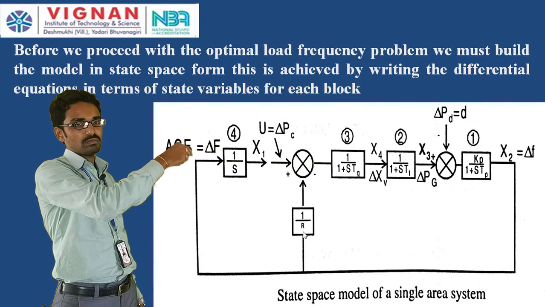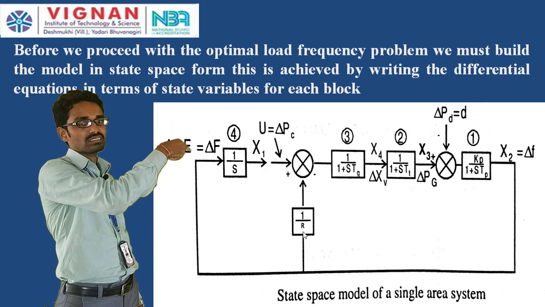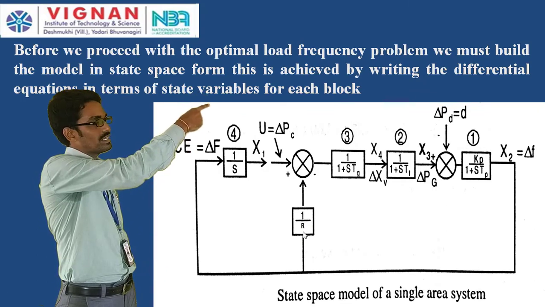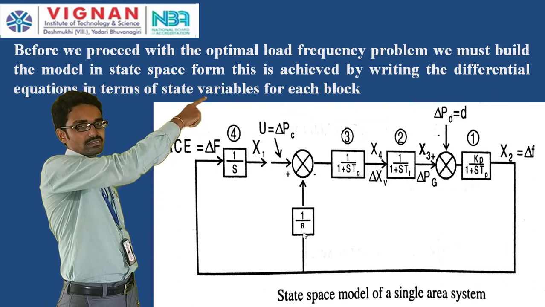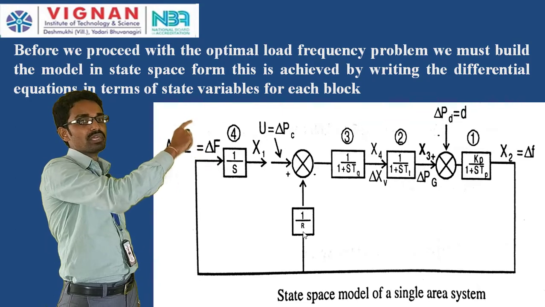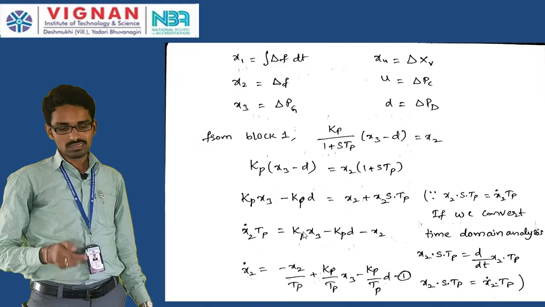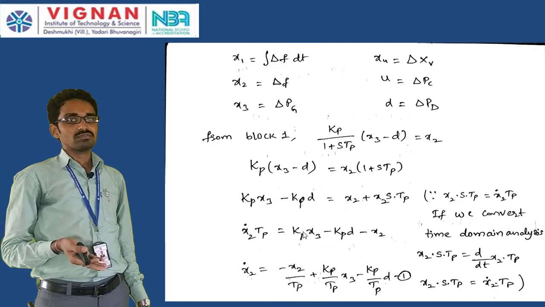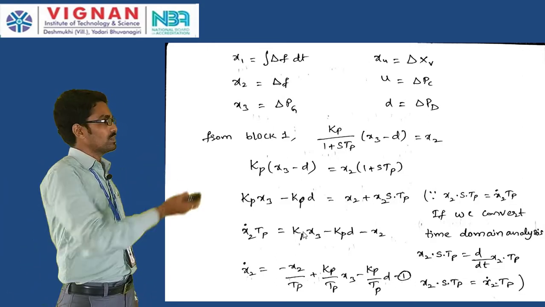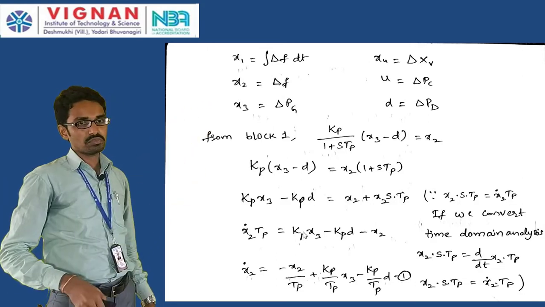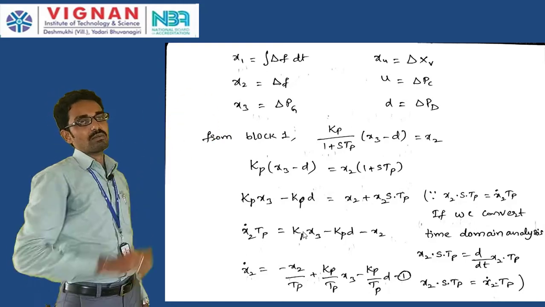Here x3 is the input, that is delta Pg, and d is the other input, the change in the load. The transfer function is output by input, so here (x3 minus d) is my input and the output is x2, with transfer function Kp by (1 plus STP).